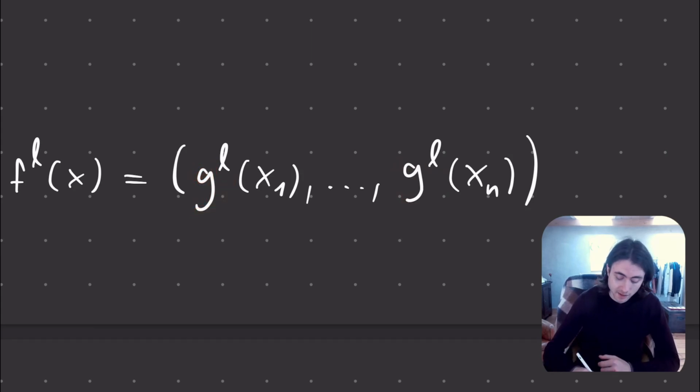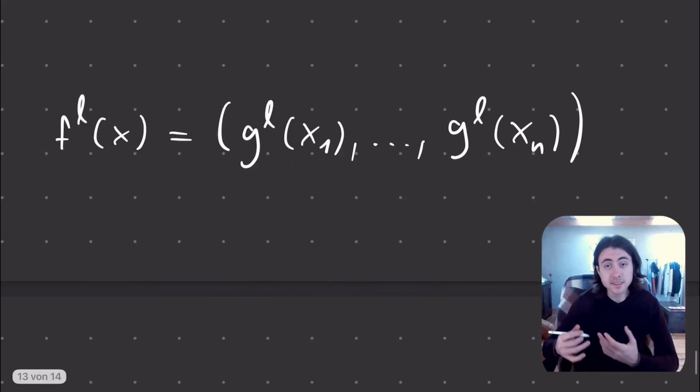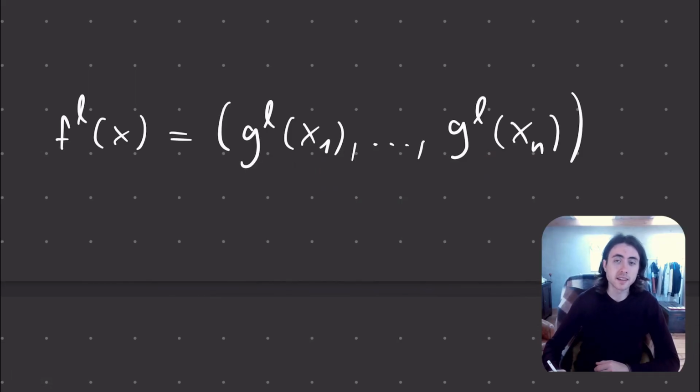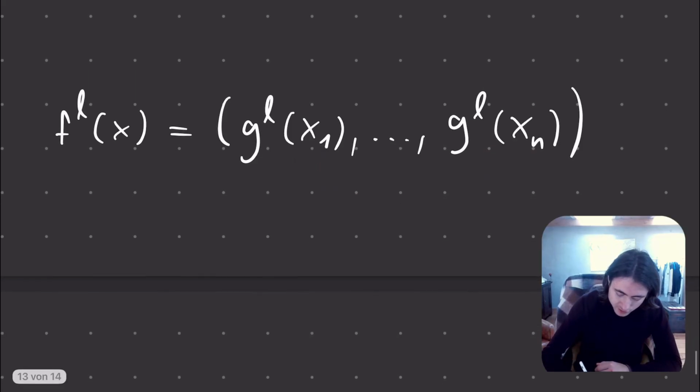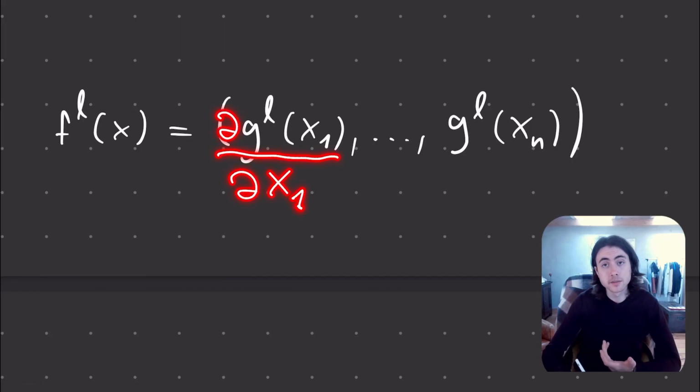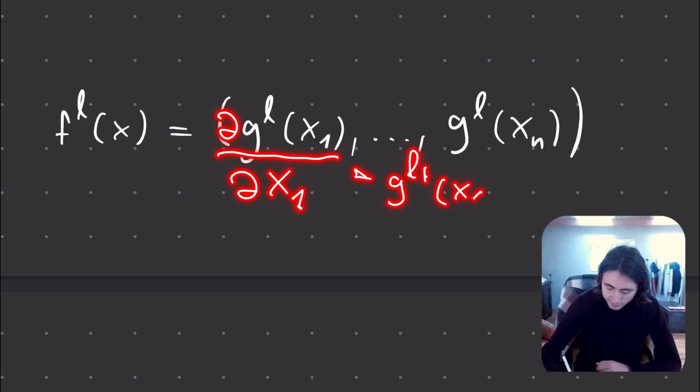But the condition says that the component functions are all the same, and then it also says that the first entry of our result only depends on the first coordinate of x, and the ith only depends on the ith, and the last only on the last. And this is very useful information when taking the derivative, because now imagine taking the derivative of this term here. Then if I take the derivative with respect to x1, then this is just the same as differentiating or taking g prime of x1, right?